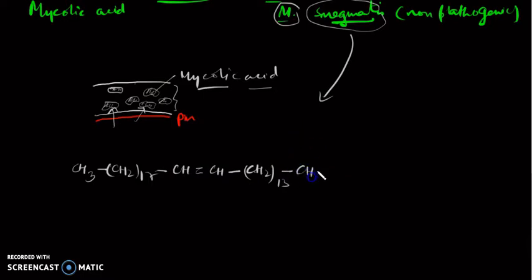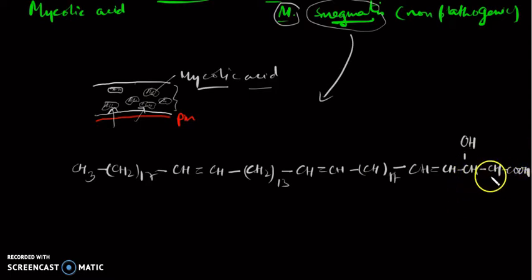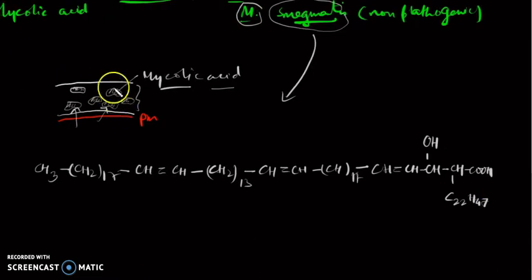Again there will be a double bond unsaturation, followed by a continuous 17 carbon stretch, and then again there is a double bond, and then the beta hydroxyl group over here. This is the alpha carbon, and this is the COOH carboxyl group where the chain ends. On this alpha carbon, there is a long chain hydrocarbon again. So this is the structure of mycolic acid that is present inside the cell wall.